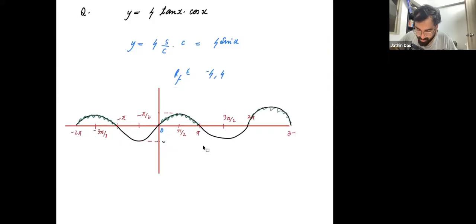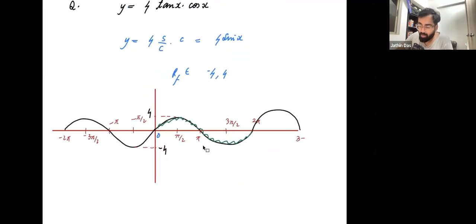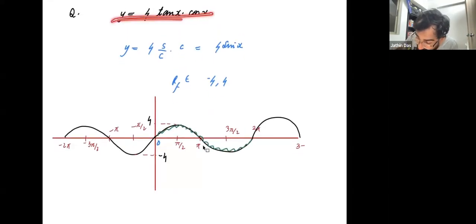So if I tell this is 4 and -4, I'm taking only one period now. I'm only taking this period. Now, for all these values, you will have to check if this given function is defined. Now you know that tan for (2n plus 1) pi by 2 is undefined.